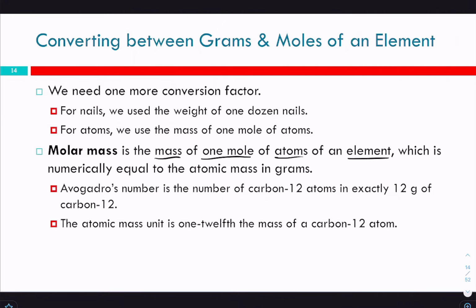And isotopes will have different numbers of neutrons. So there's carbon 13, there's carbon 14, and those abundances are reflected in the numbers that we have on the periodic table. So we don't have pure carbon 12. We have carbon 12 with about 1% of carbon 14 or carbon 13.